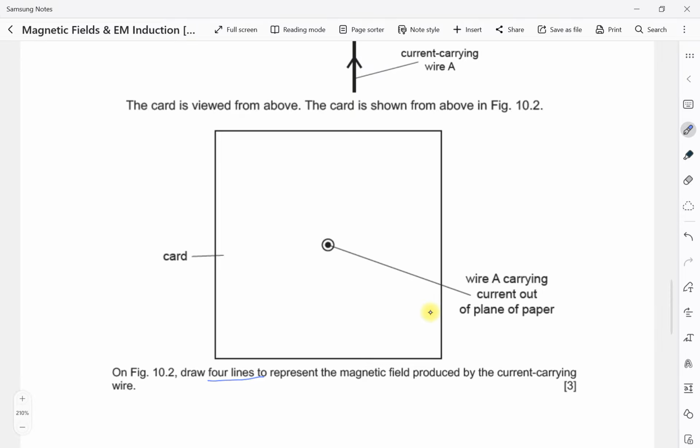They have told us to draw four lines to represent the magnetic field, so I will draw concentric circles. I always encourage my students to use a compass to make these neat and uniform. So concentric circles whose separation keeps increasing as you move away from the wire.